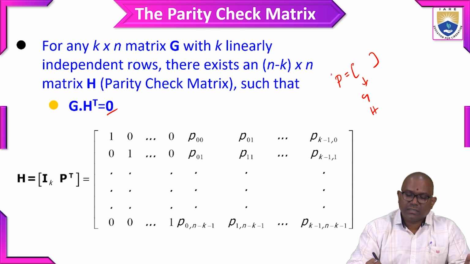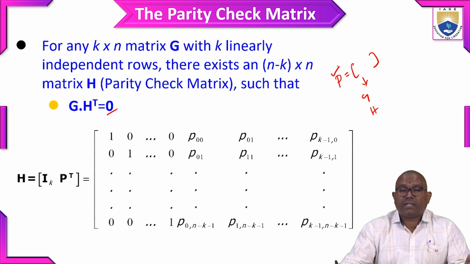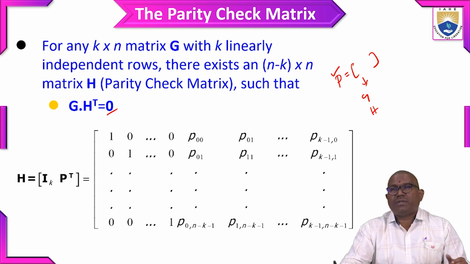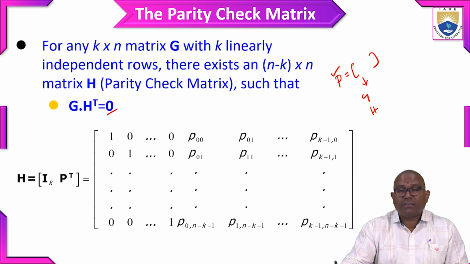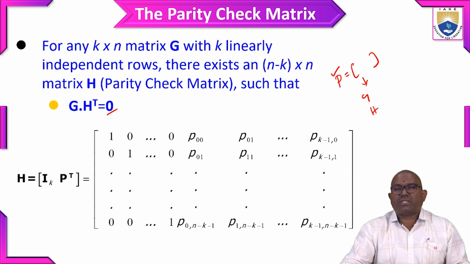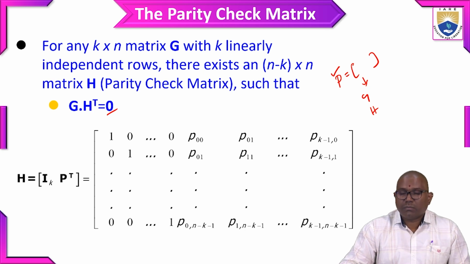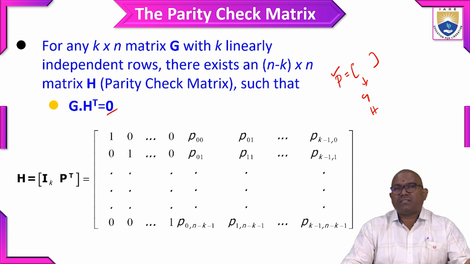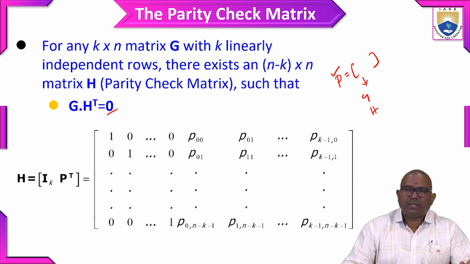So this coefficient matrix is very, very important for generation of these two. Why? You know the arrangement, G is equal to P I_K form, where H is equal to I_K P transpose. Simply you can transfer this one. Okay.